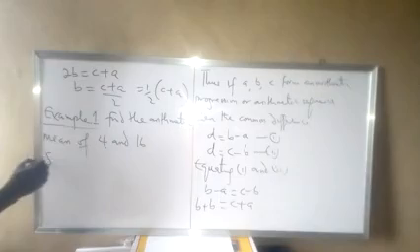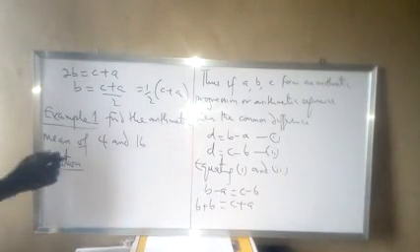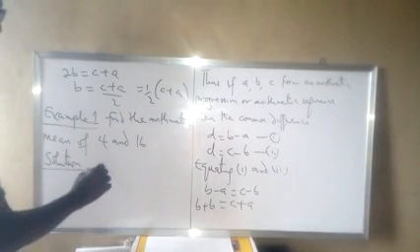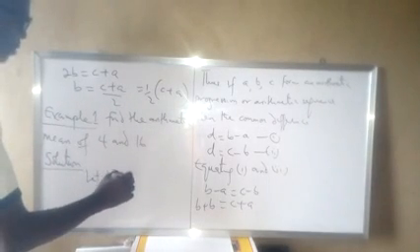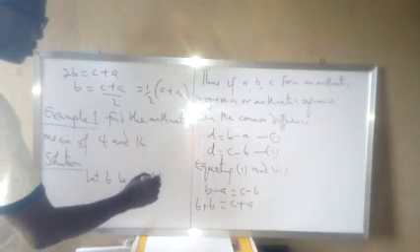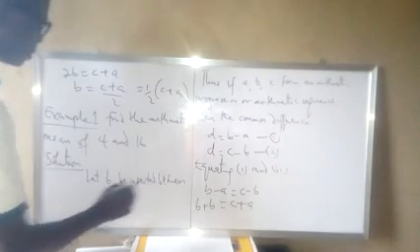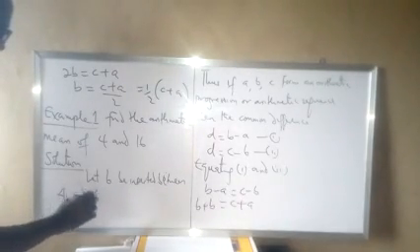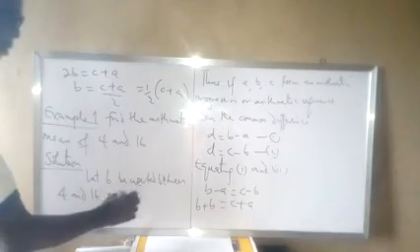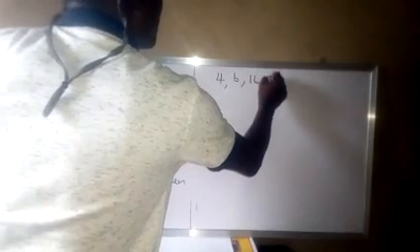Solution: let B be inserted between 4 and 16, such that 4, B, 16 form an arithmetic sequence, so that it forms an arithmetic sequence.